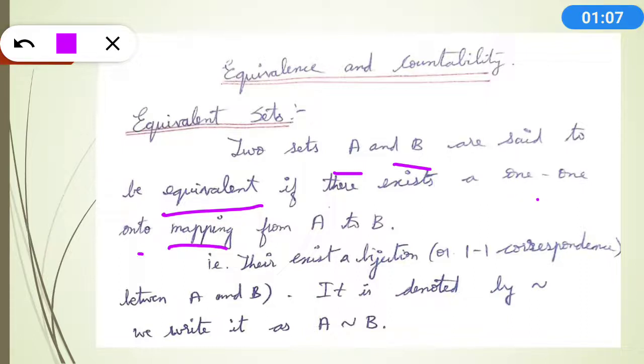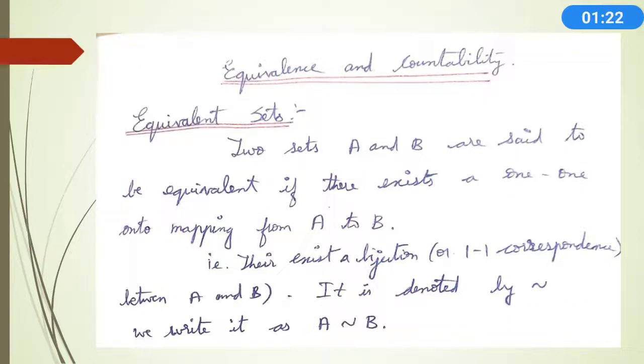From the very name mapping, we can guess that there is a relationship between A and B, and that relationship must be one-to-one and onto. And we denote the equivalent set by tilde. This notation is called tilde.